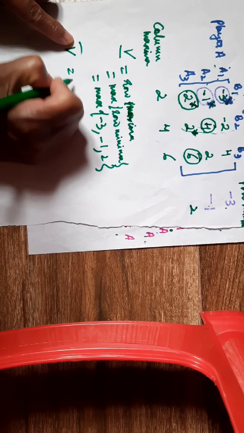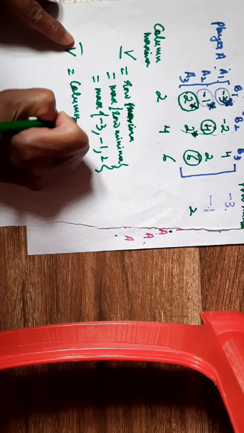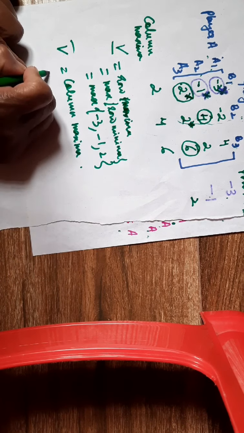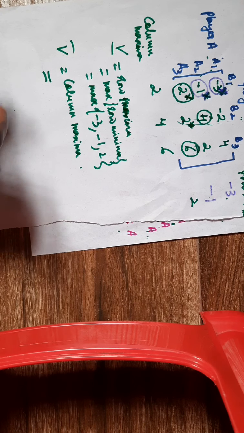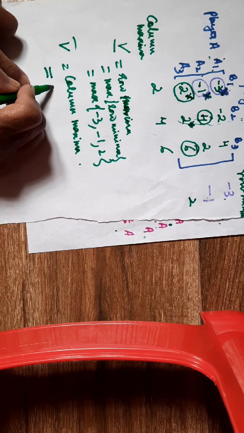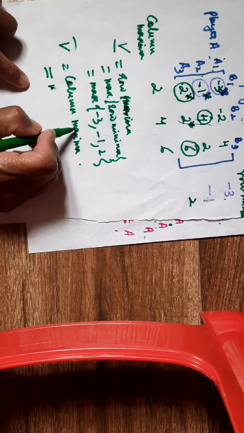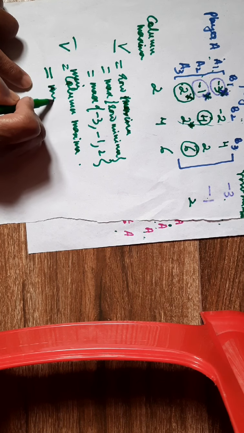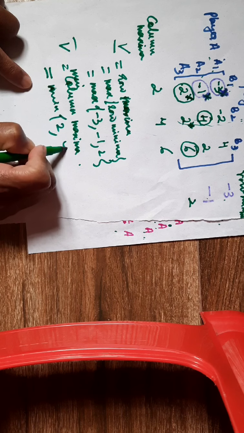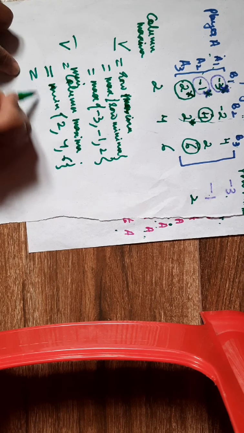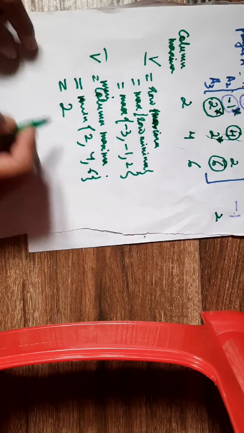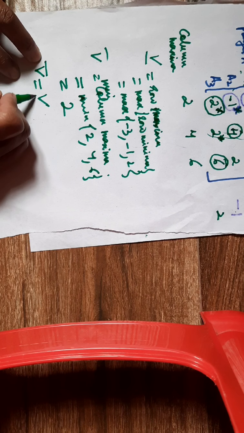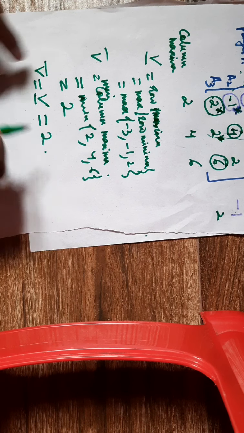And V upper bar is equal to the minimum of the column maxima. So the minimum of 2, 4, 6, again the minimum is 2. So you see that in this case V lower bar is equal to V upper bar, which is equal to 2.